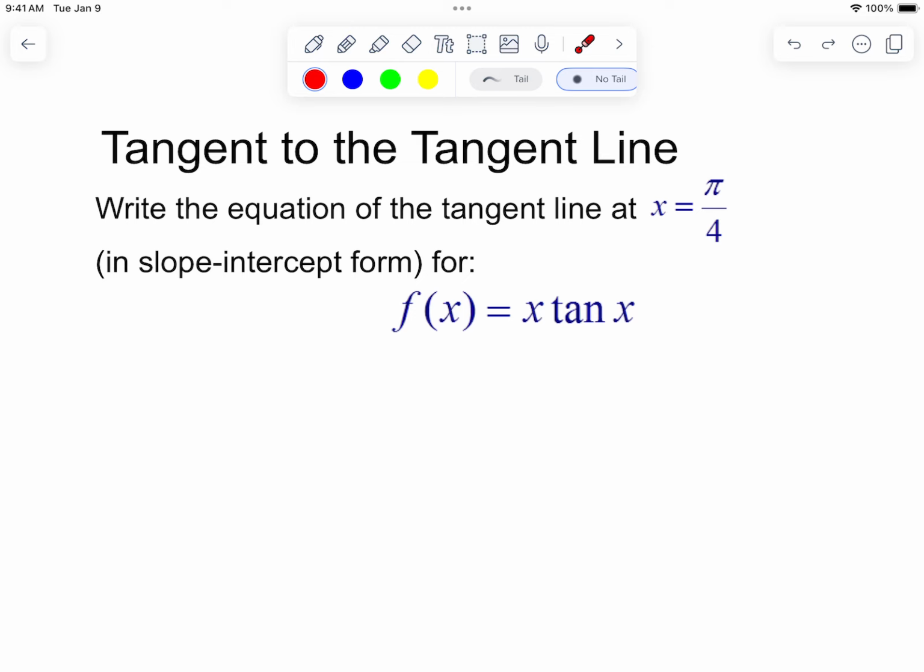I want you to get the practice, spread your wings a little bit, fly, explore. So pause the video, find the equation of the tangent line at x equals pi fourths for f of x equals x tan x, in slope-intercept form. I want exact values for this as well. Go ahead, pause the video, and unpause when you are ready to check your work.